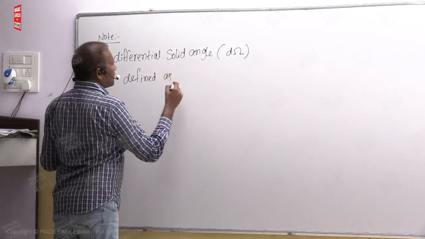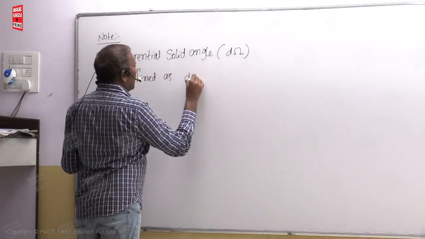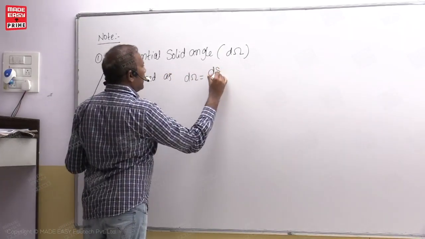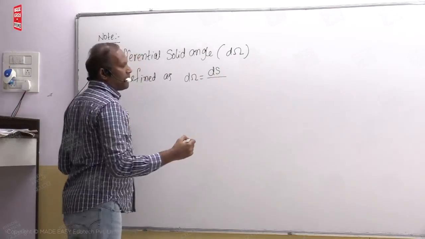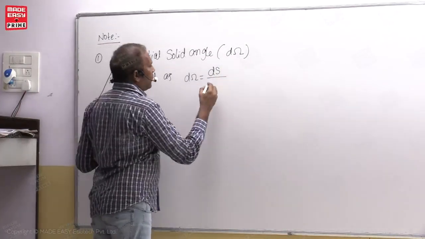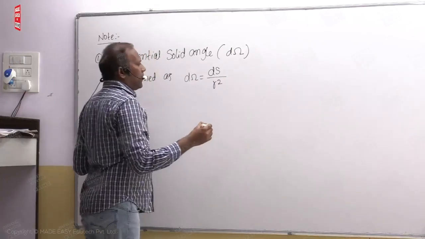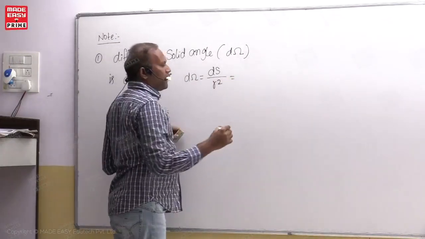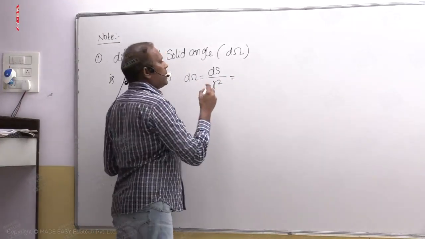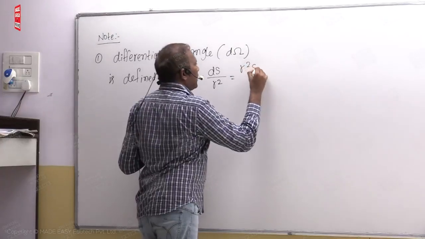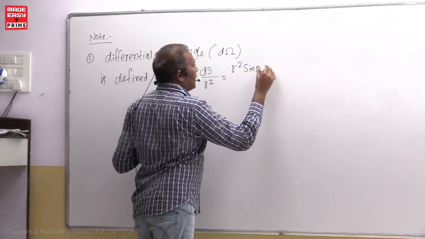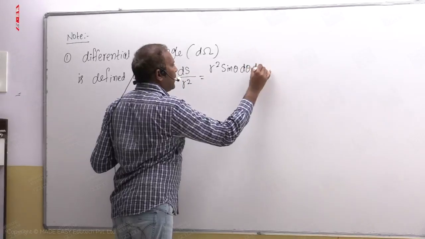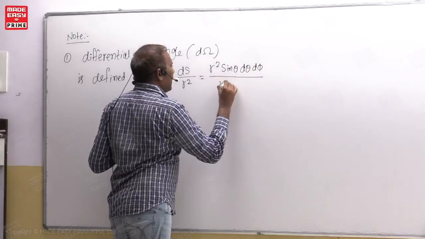So differential solid angle d omega is defined as d omega is equal to ds in spherical coordinate system in the r direction divided by r square. In spherical coordinate system in the r direction, ds is actually r square sine theta d theta d phi divided by r square.